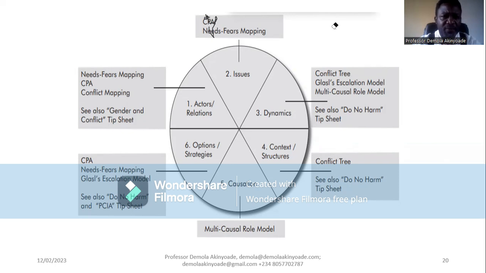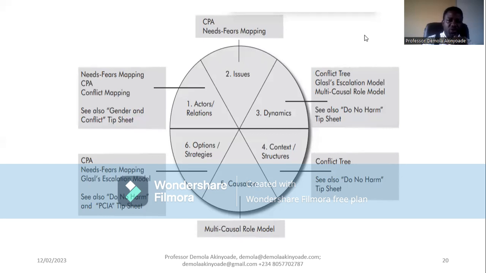We are seeing under the actors, we have needs-fears mapping, conflict mapping, CPA, meaning that I am going to use these 3 tools to analyze actors and their relations.